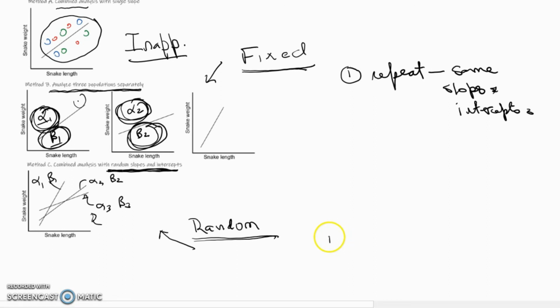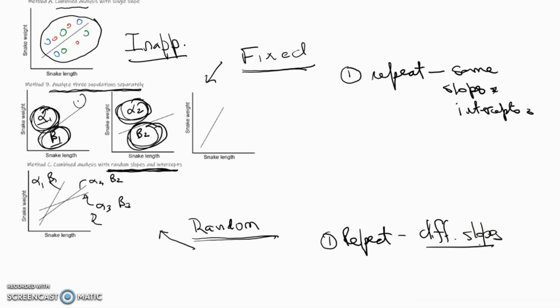Whereas down here, if I repeat, I get different slopes. Why would I get different slopes? Because I don't get to choose the slopes. All I do is choose the mean slope value, the mean intercept value, and the variability, and then randomly select intercepts and slopes from those normal distributions. So repeating the experiment would give me a different result.